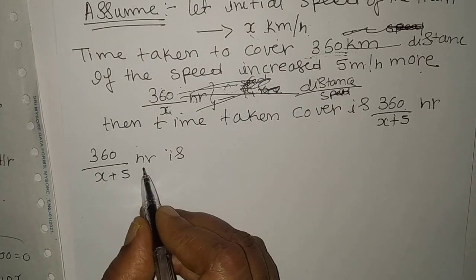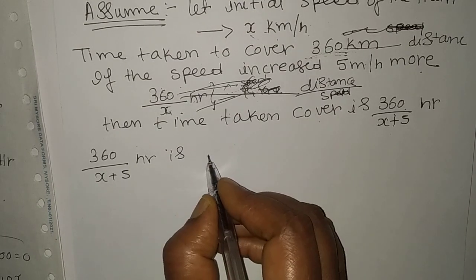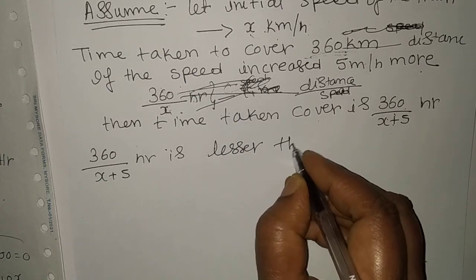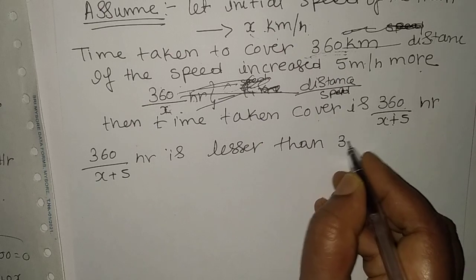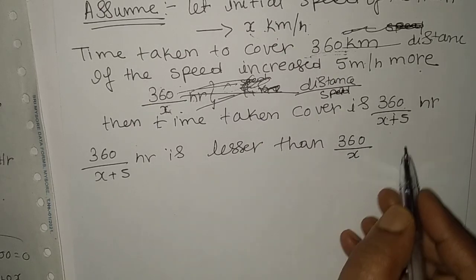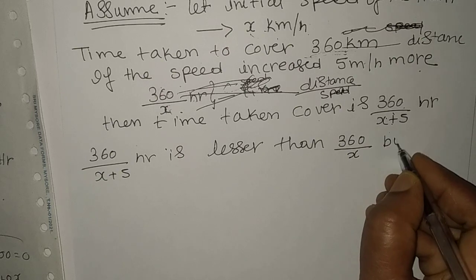So 360 by x plus 5 hour is lesser than 360 by x. It is obvious. This is lesser than this by 1 hour.